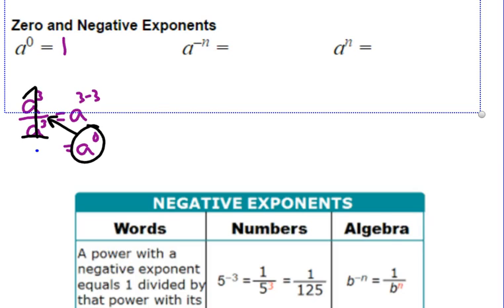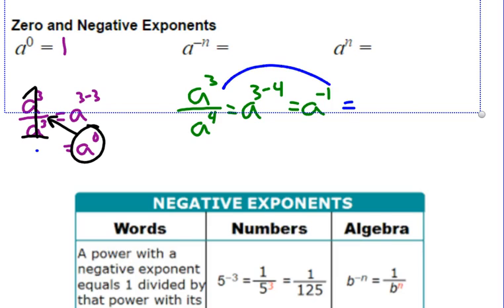Now, the negative exponent rule also comes from division. Let's say we had a cubed over a to the 4th power. So we have a higher exponent in the denominator. If we use our subtraction property, that's a to the 3 minus 4, which would be a to the negative 1. But if we think of this as repeated multiplication, we could instead do a times a times a over a times a times a times a.